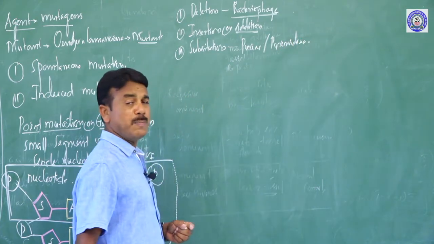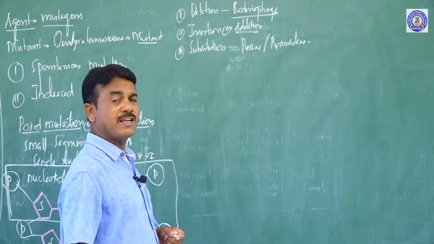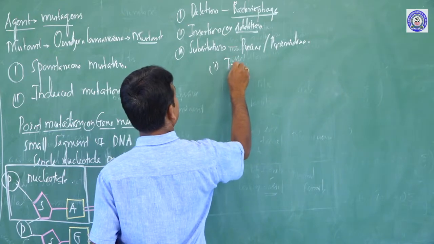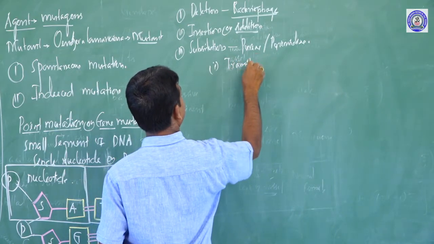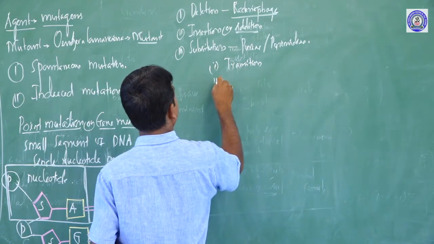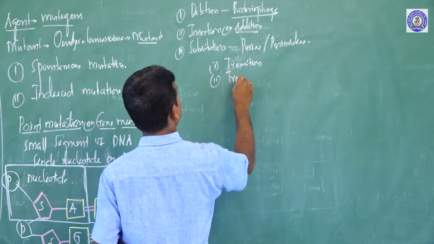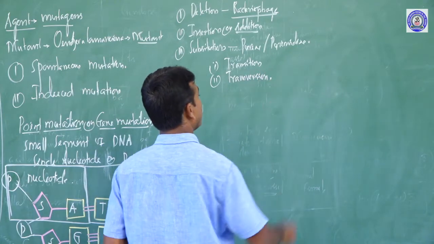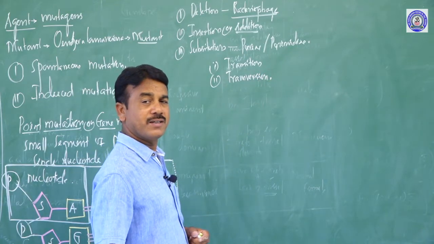So based on the replacement, substitution can be classified into 2 types, namely transition and transversion. What is called transition?